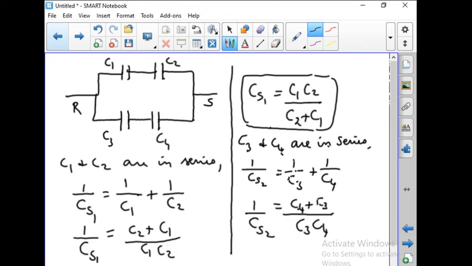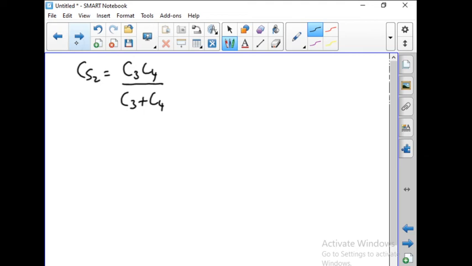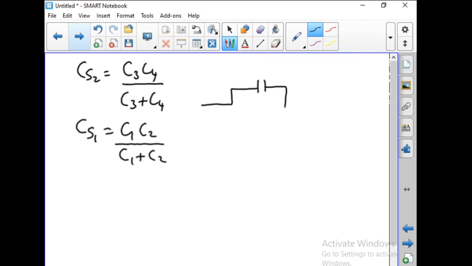What is the value of CS1? CS1 is equal to C1 C2 by C1 plus C2. So these two capacitors are drawn like this. Two capacitors are replaced by CS1 and another two capacitors are replaced by a single capacitor CS2. Now these two capacitors are in parallel.